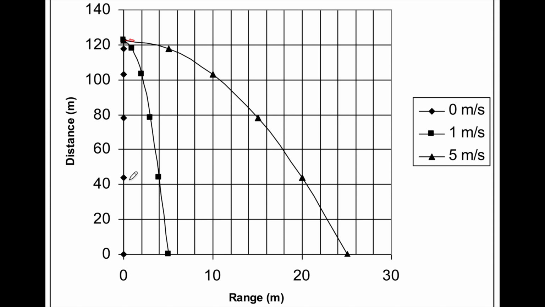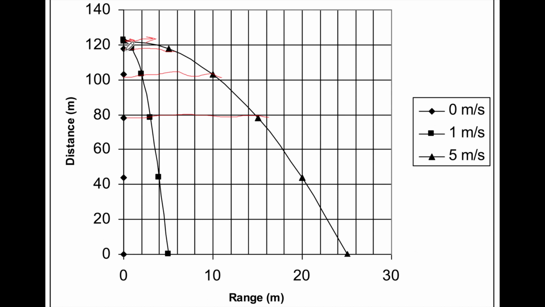So as it goes down, it's always going to be the same. And this triangle shape is now being shot at 5 meters per second. So every second, it's going to travel 5 meters horizontally, but vertically, look at this, they're all the same all the way across here.